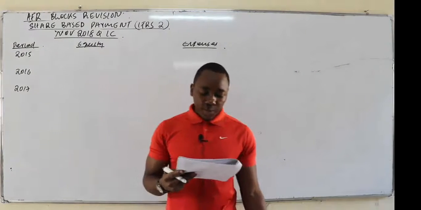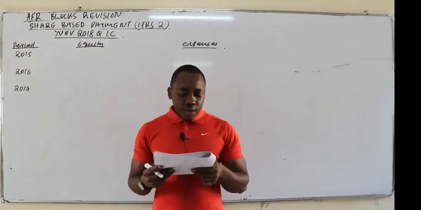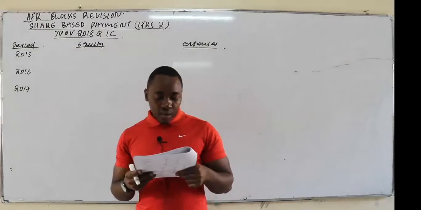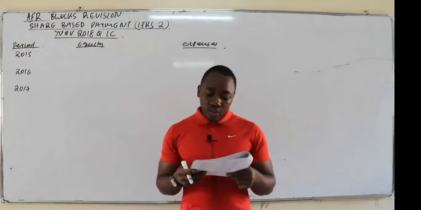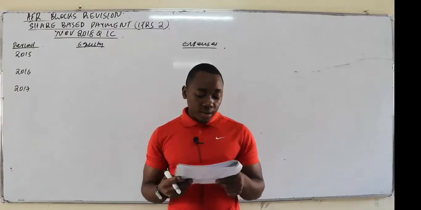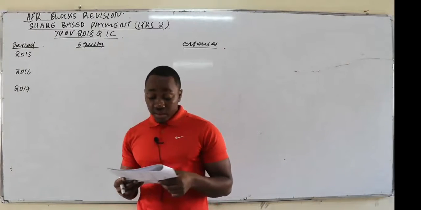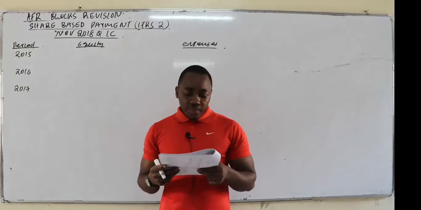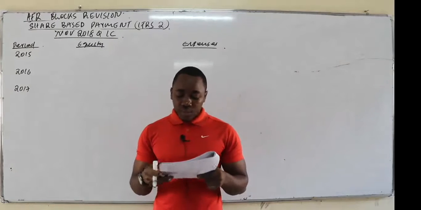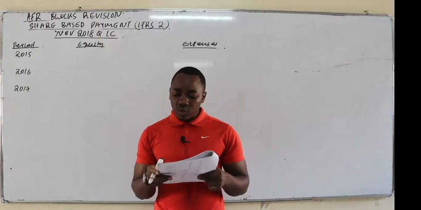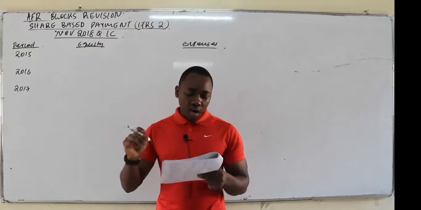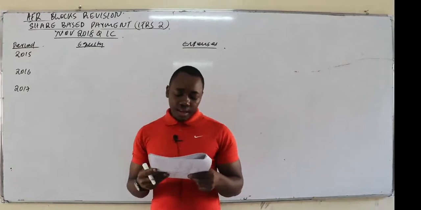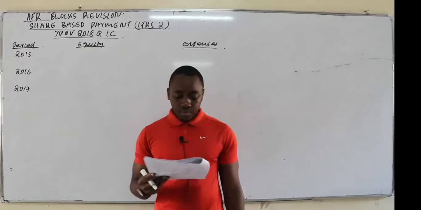So that's the grant date price. The share price as at 1st December 2015, that's at the end of the first year, was 27. And it was considered unlikely that the share price would rise above 45 by 1st December 2017. 20 employees left the company during the year ended 1st December 2015, and a further 20 were expected to leave in each of the 2 years ended 1st December 2016 and 1st December 2017.